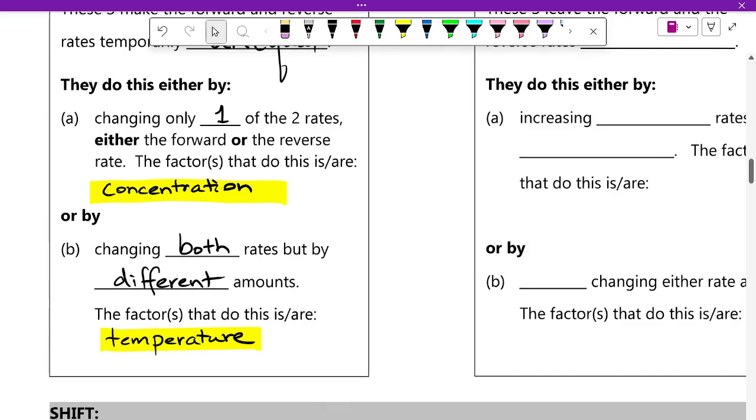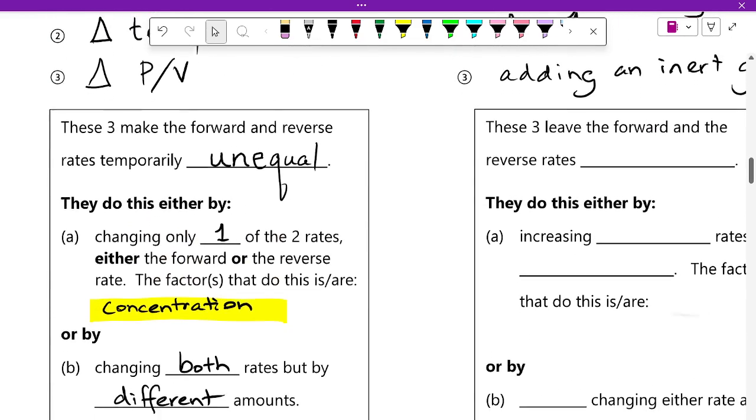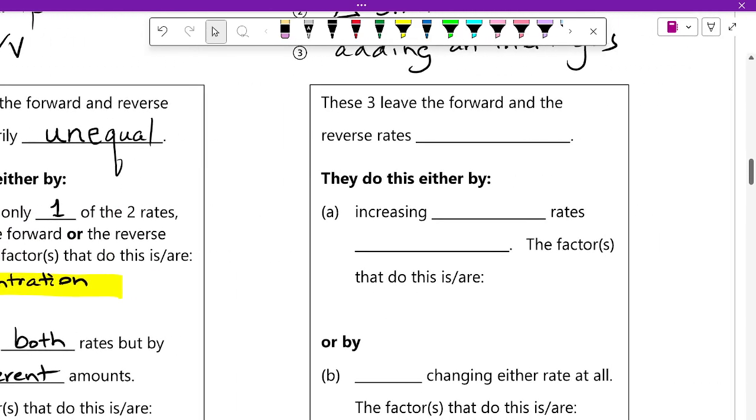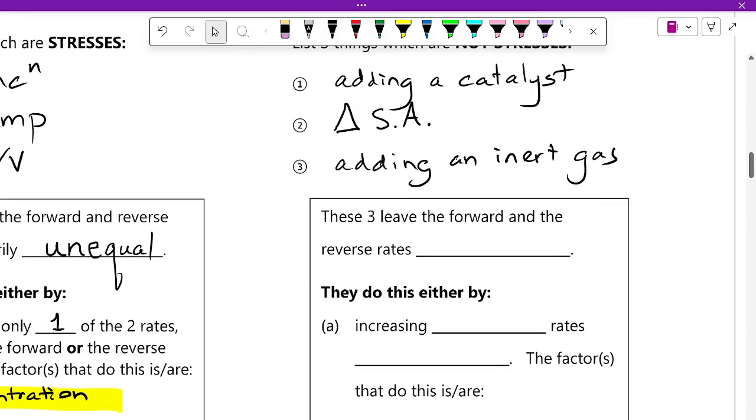So things that are not stresses, they leave the forward and reverse rates equal, or the same.